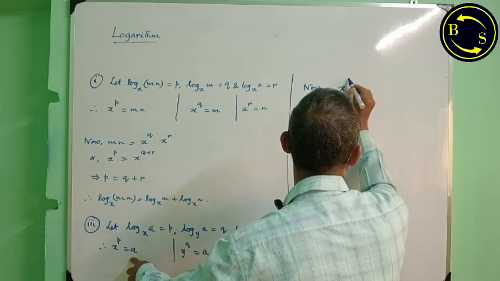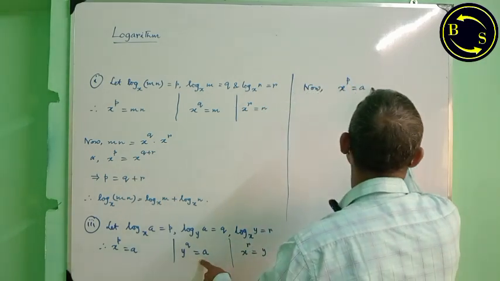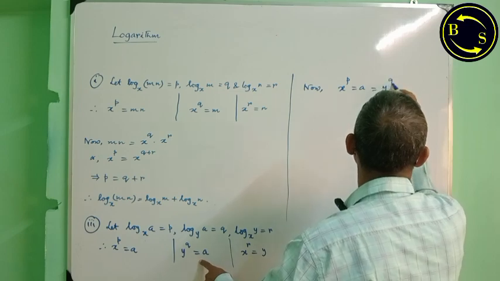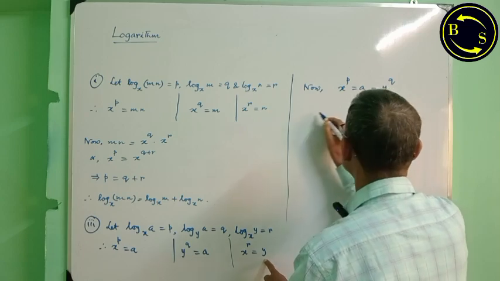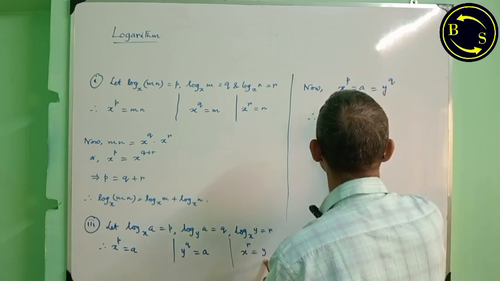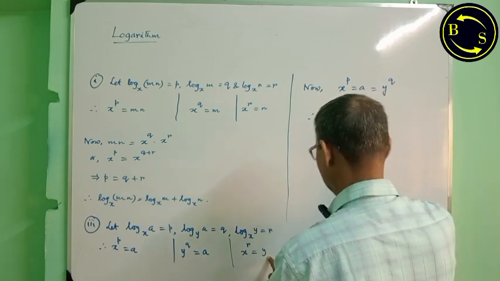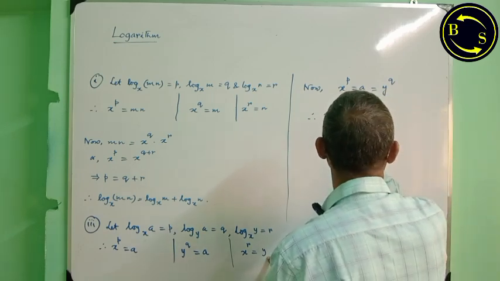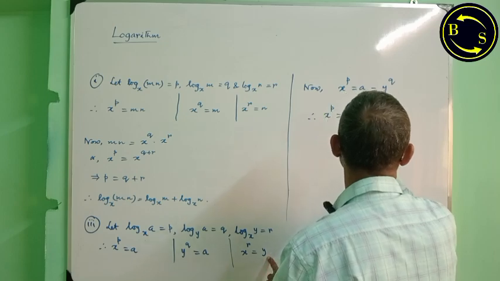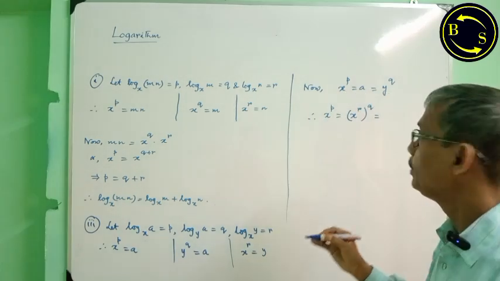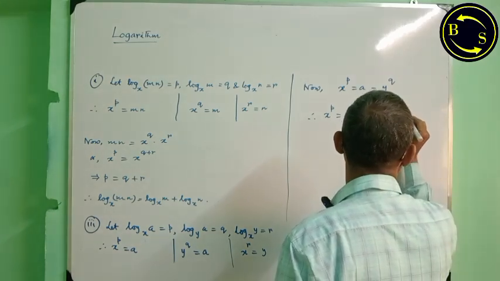x to the power p is equal to a, also a equal to y to the power q. Now we have the value of y, therefore x to the power p, put the value of y, this will be x to the power r whole to the power q, and from laws of indices this is equal to x to the power qr.